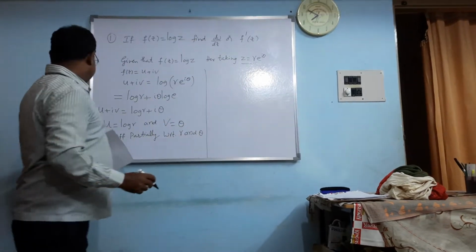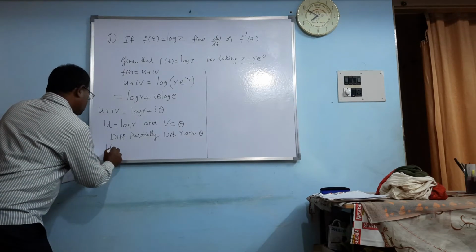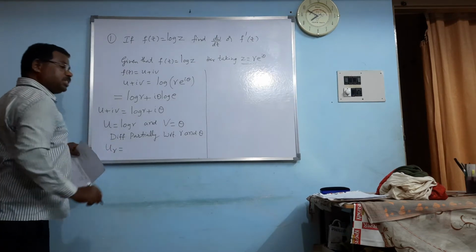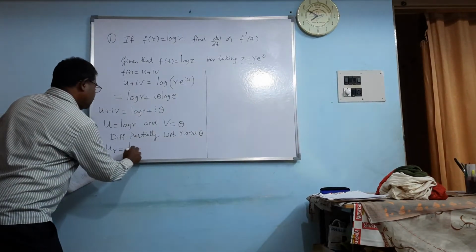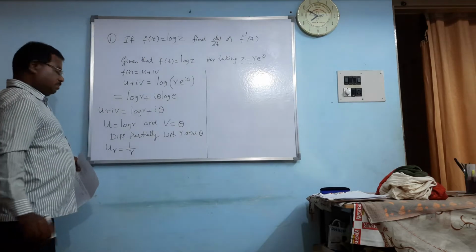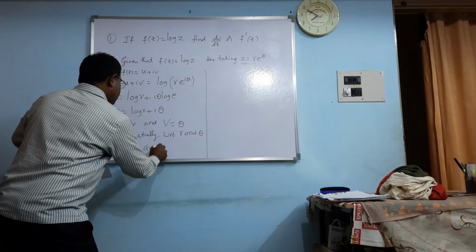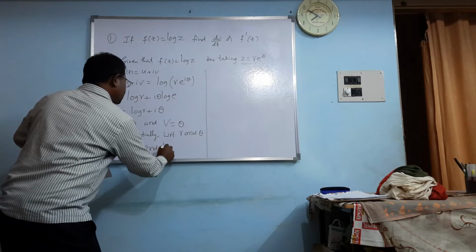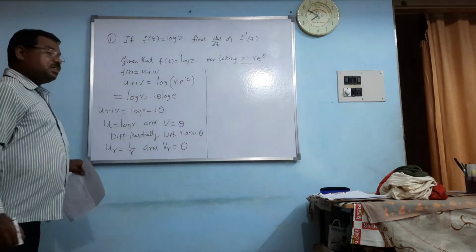u r: differentiating partially with respect to r, log r gives 1 by r, and differentiating theta partially with respect to r, this is constant, 0.